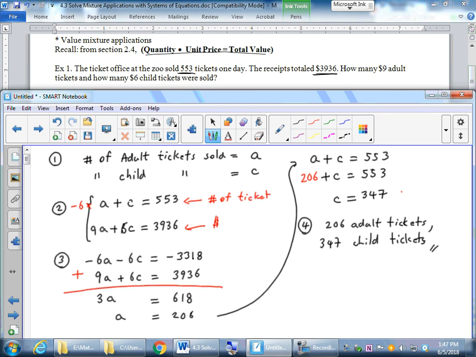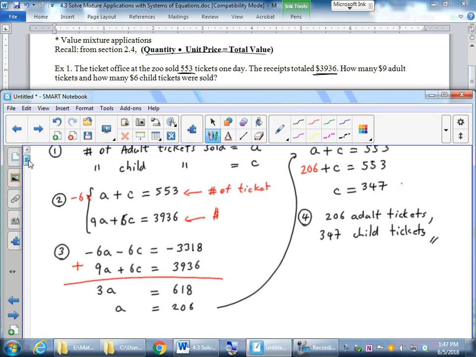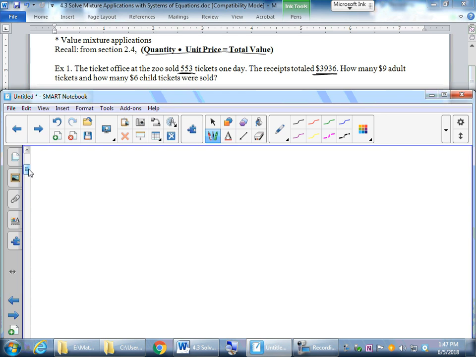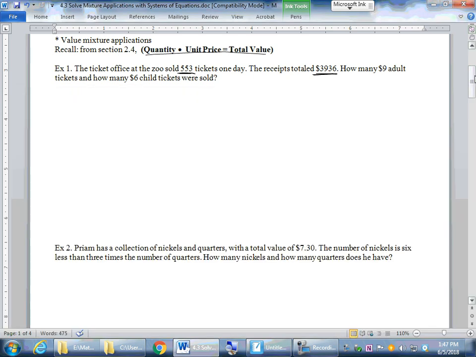So that will be our first example. Now move to the next example, example 2.